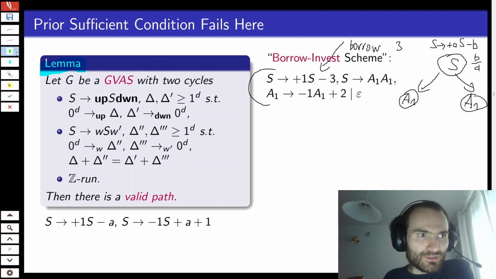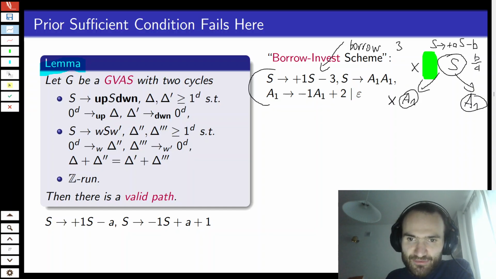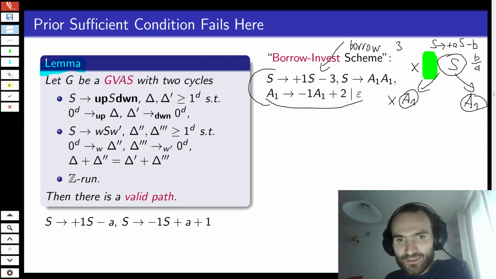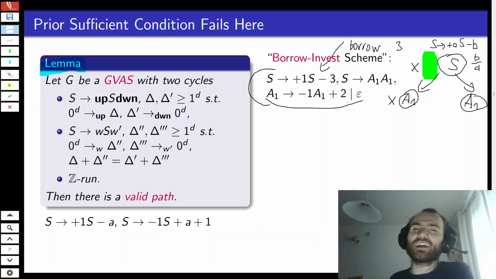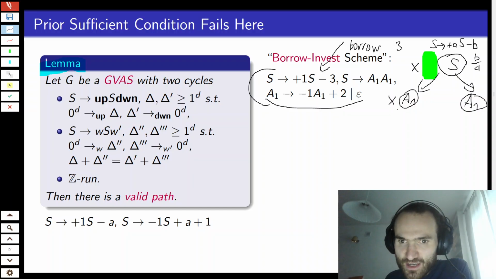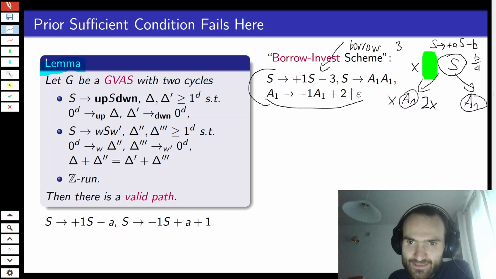Well, what you would do is you borrow yourself a ridiculous sum of money here, call it X. Now you go into your first child here with money X. You apply this rule. What does this do? Well, you can do it as often as you have counter value, because this has a minus 1 on the left, so there's a limit on how often you can do it. You can do it at most x times, but then at the end you have value 2x.